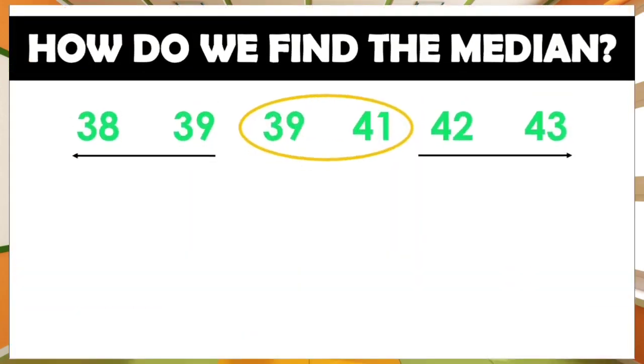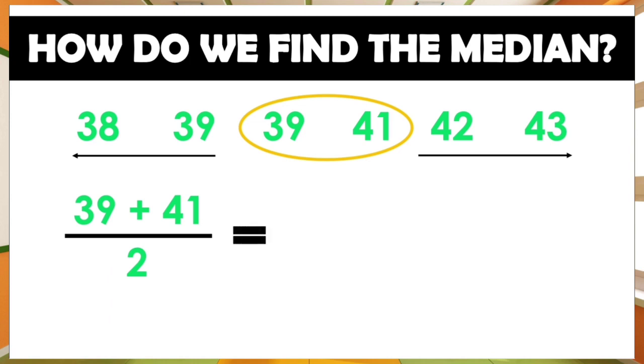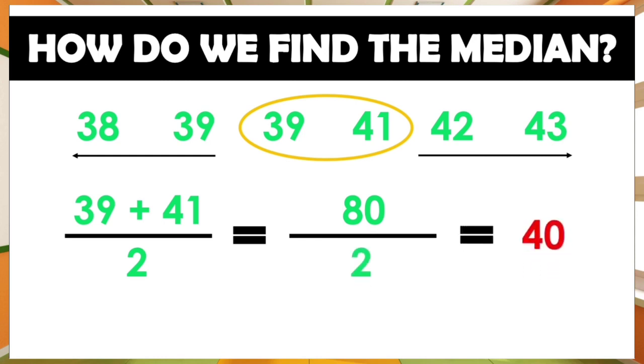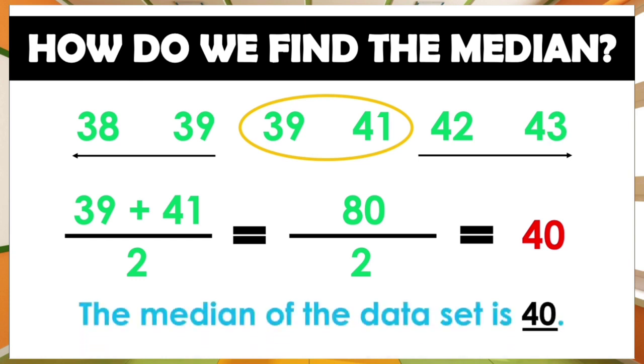To get their average, we have 39 plus 41 divided by 2. The sum is 80, then divided by 2. The final answer is 40. And so, the median of the given dataset is 40.